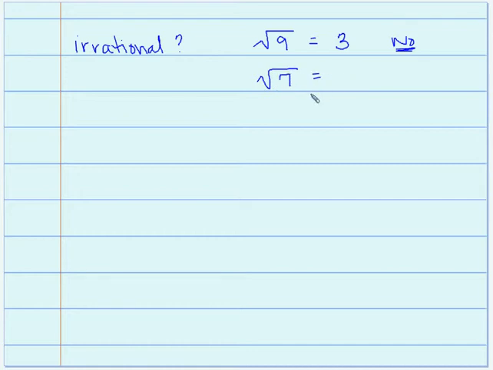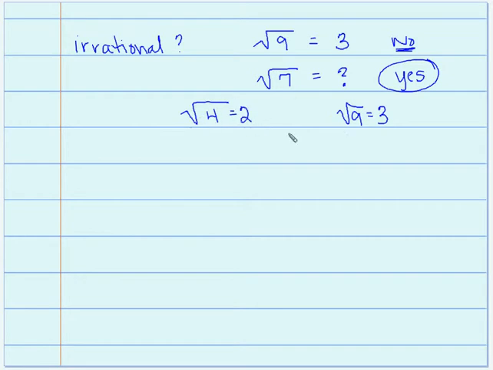Well, what about the square root of 7? Is it a perfect square? If you do this, I have no idea what the square root of 7 is, so it's probably irrational. In this case, you know that the square root of 9 is 3, and the square root of 4 is 2.